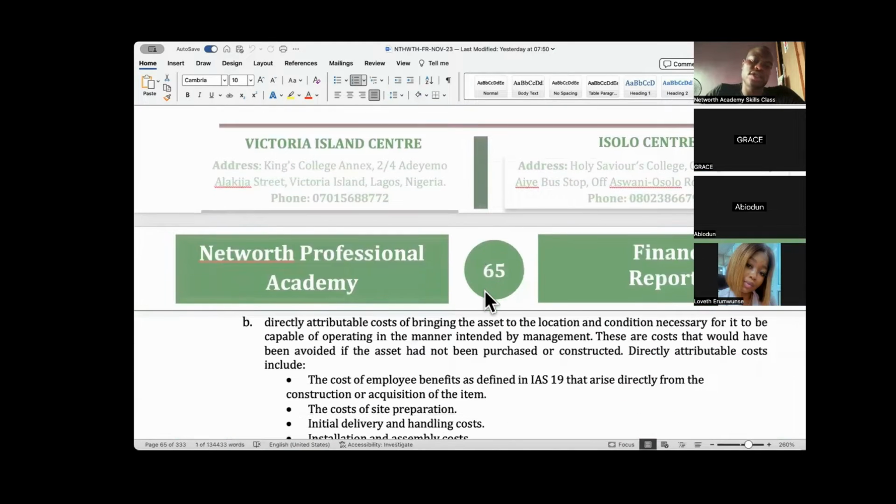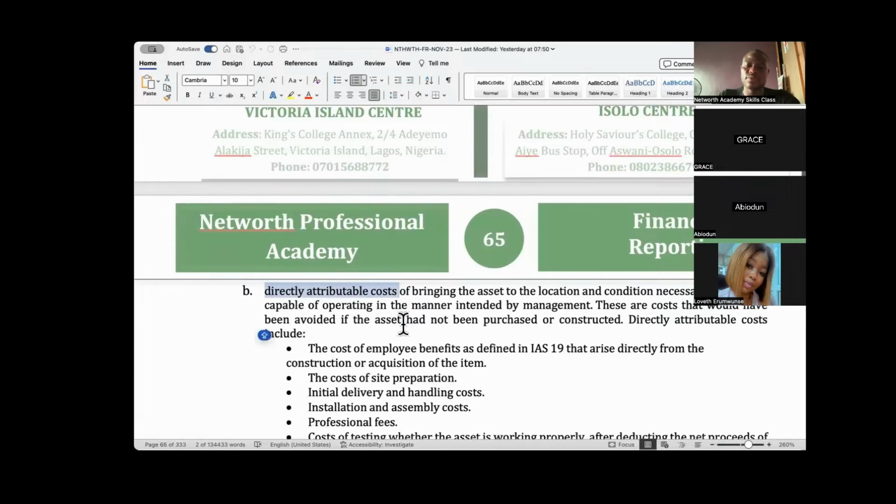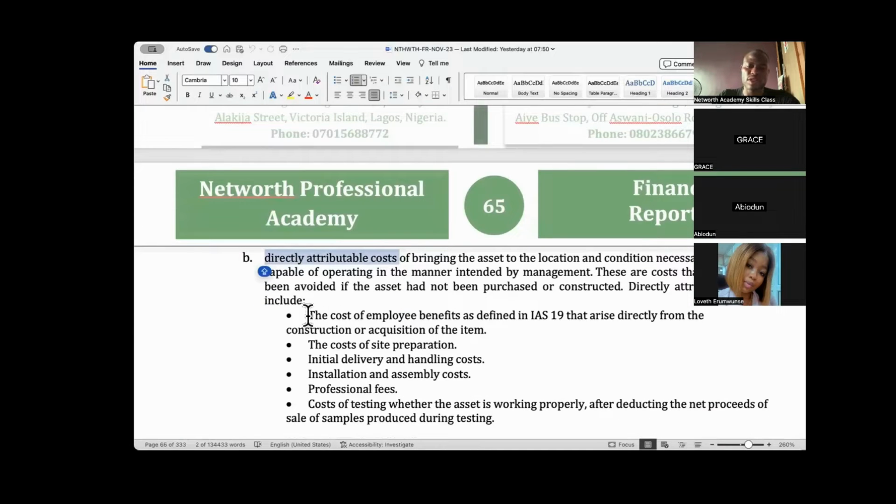Then it includes directly attributable costs of bringing the asset to its location and condition necessary for it to be operating in a manner intended by management. And these are costs that if you don't incur them, the asset cannot be ready. Those are directly attributable costs. Examples of those are the cost of employee benefits that are directly involved in the construction or acquisition of the item.